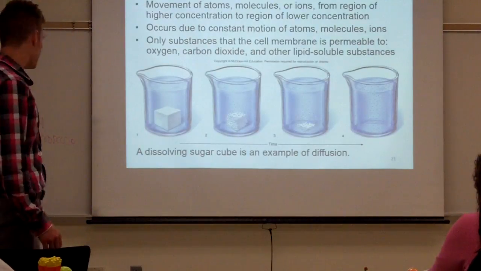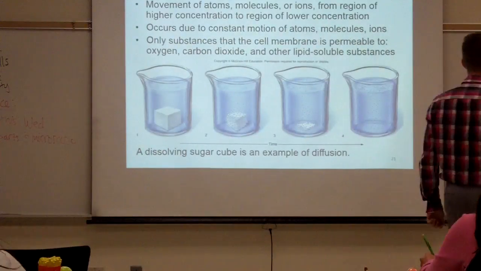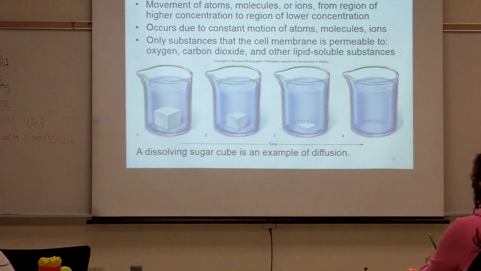Whenever you're talking about a cell, and I like to put everything in terms of a cell because we're in anatomy class, if there is a substance out here, little molecules, and there are a bunch of them out here, and there are hardly any in here, this is a high concentration of that stuff.